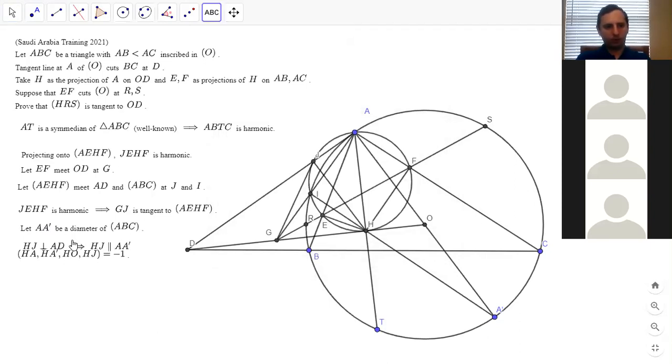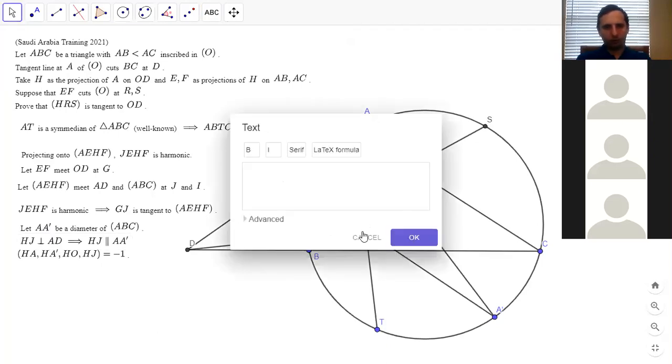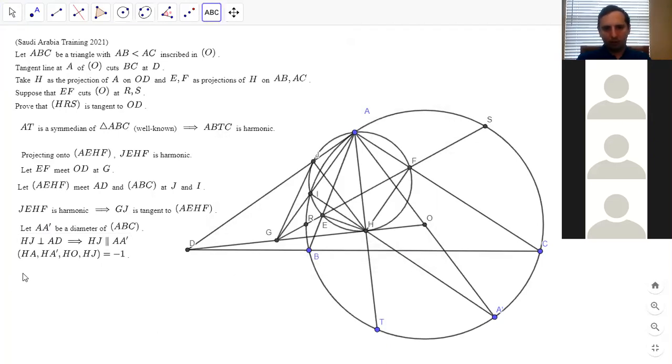And then we could take that and project it onto the circle. And then we would get AJIH is harmonic.